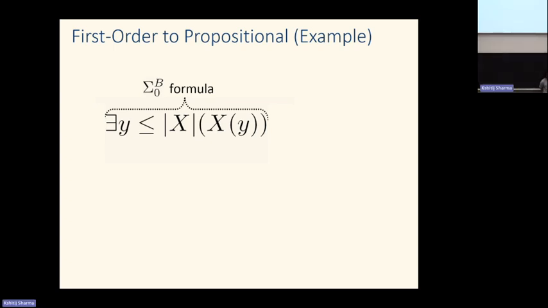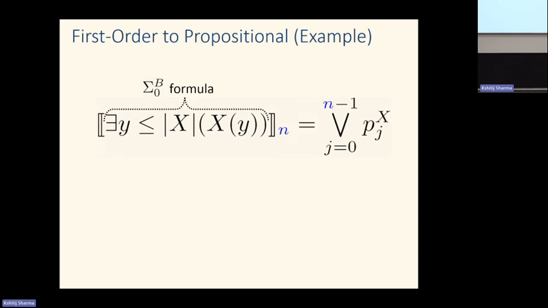Anyone can guess how I would translate this propositionally? x is just a string. And I'm saying there exists a y, either 0, 1, until the last bit, the most significant bit of x, that is 1. So what is this? Yes, a big OR. So it's just a big OR, and that's the translation.